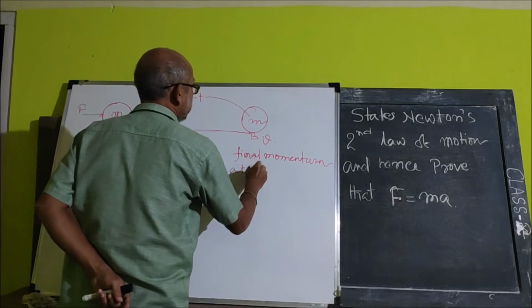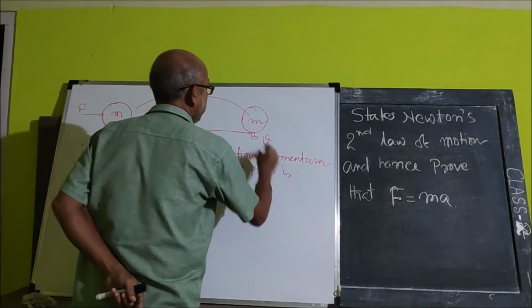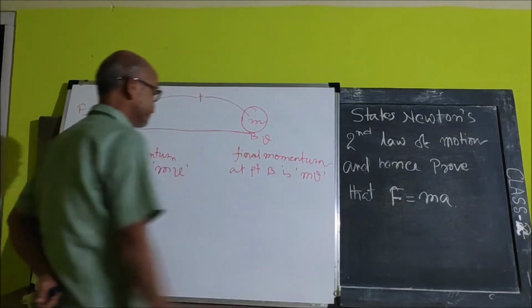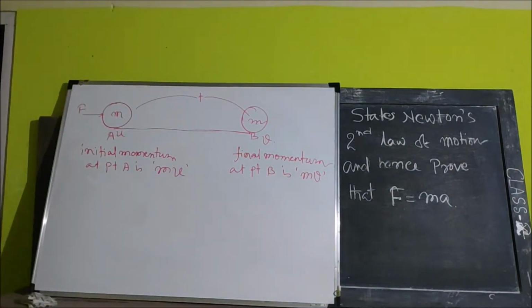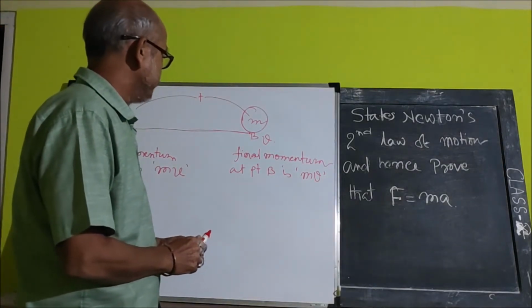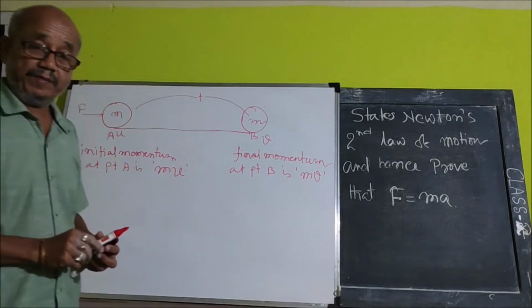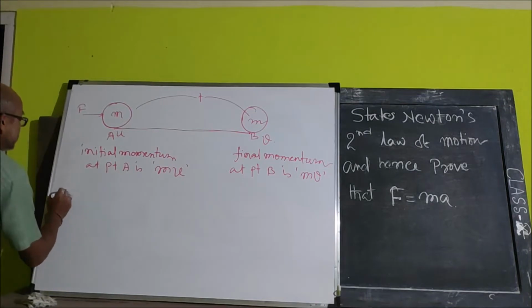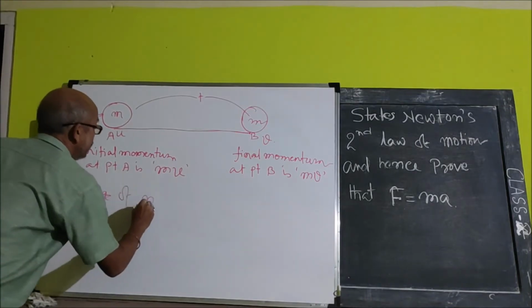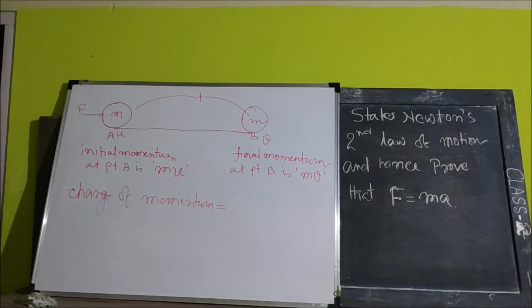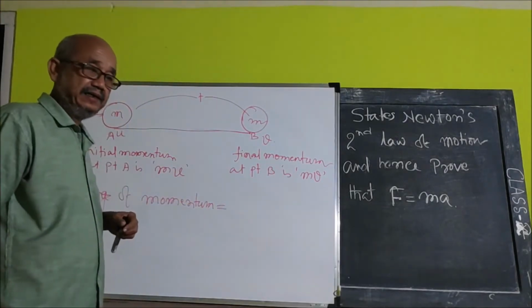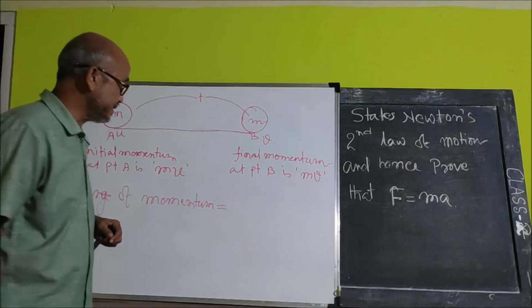Now, according to the formula, change of momentum equals final minus initial.